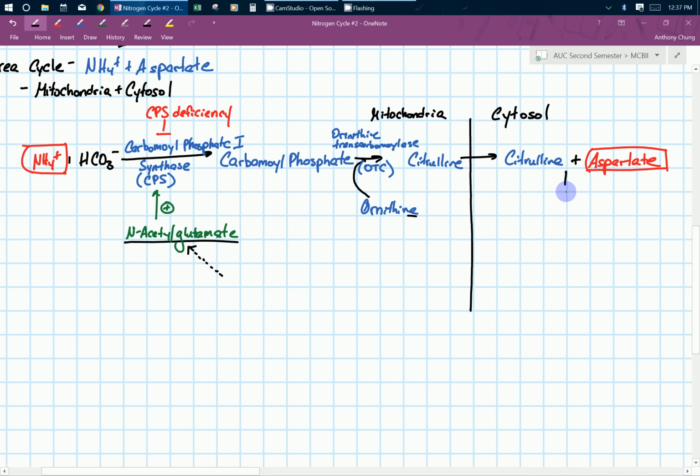They combine, with an enzyme that you don't really need to know, and it makes argininosuccinate. It passes by another enzyme that you don't need to know, and it makes this amino acid called arginine.